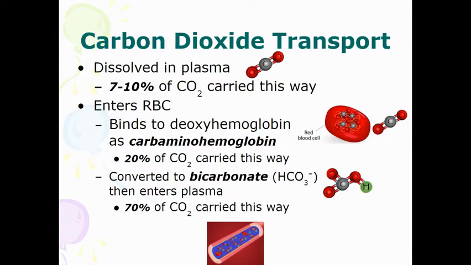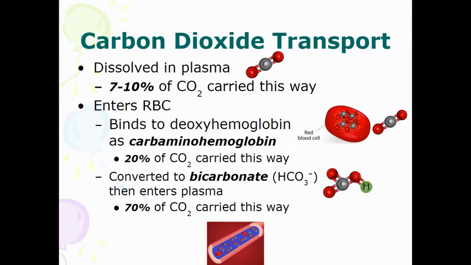Carbon dioxide transport is more complex. About 7 to 10% of carbon dioxide is going to be dissolved in the plasma as CO2 molecules. The rest of the carbon dioxide will enter the red blood cells. About 20% of it will bind to hemoglobin, empty hemoglobin, which is called deoxyhemoglobin.